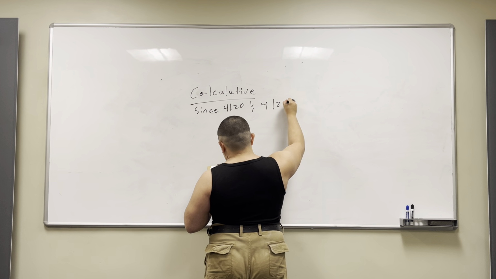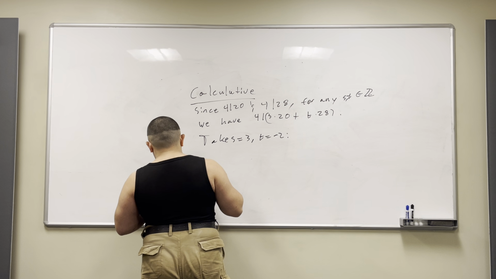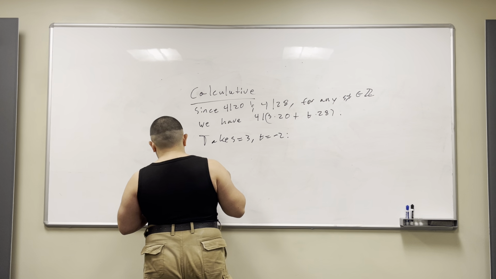Take s equal to 3, t equal to -2. And what we have is 3 times 20 plus -2 times 28 is equal to 60 minus 56, which is equal to 4. And indeed, a, which is equal to 4, does indeed divide 4.